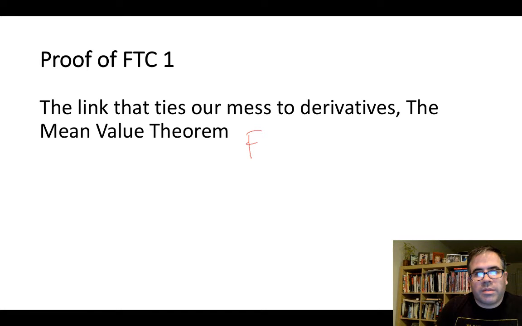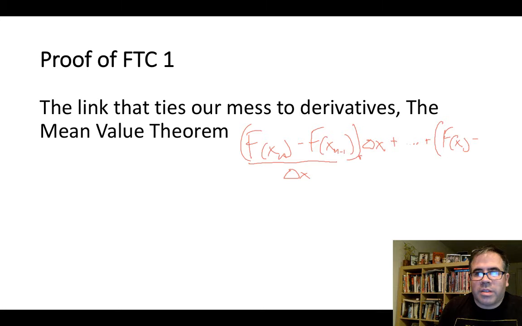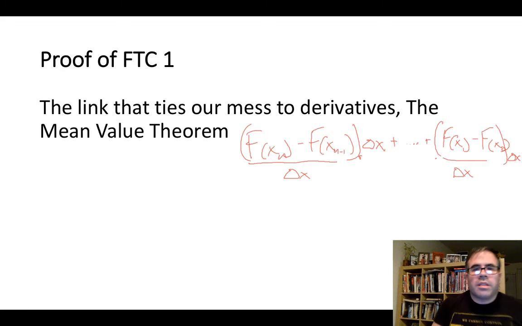We have f of x n minus f of x n minus 1 over delta x times delta x, plus dot dot dot, plus f of x1 minus f of x0 over delta x times delta x, right? So this applies, the mean value theorem applies.